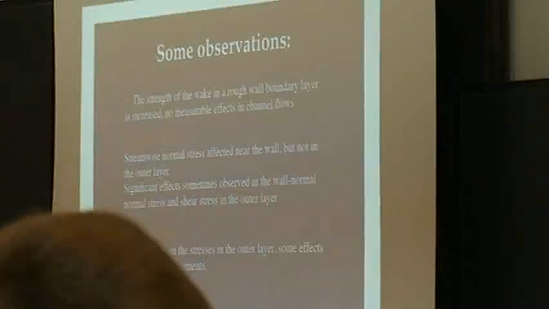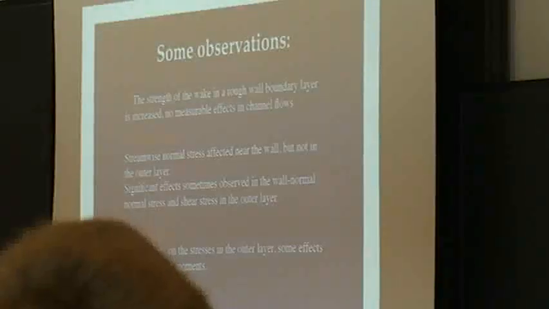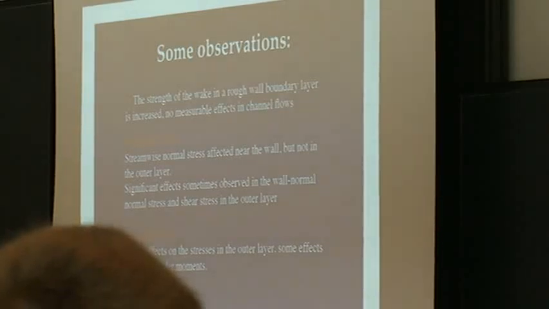I think the first one to really probe into this problem about the outer layer effect caused by the roughness was Tani, who in the late 80s published some analysis of a large number of experiments, and he found that systematically for rough surfaces there seemed to be a strength in the wake in the outer layer.